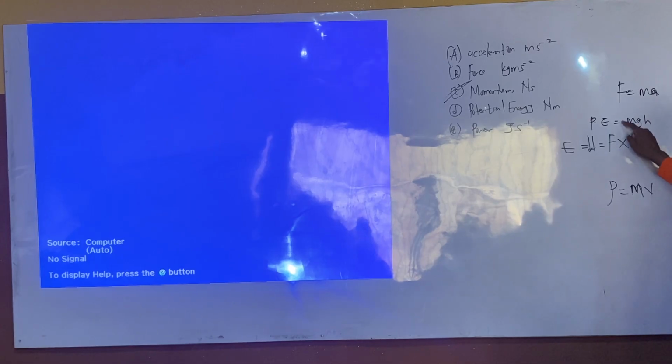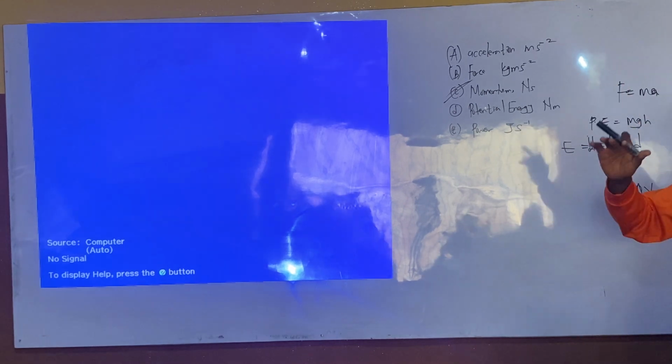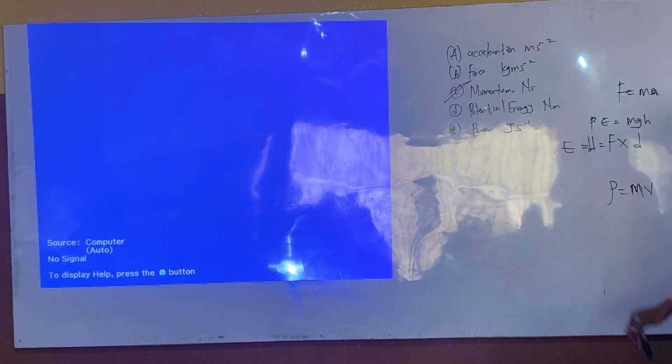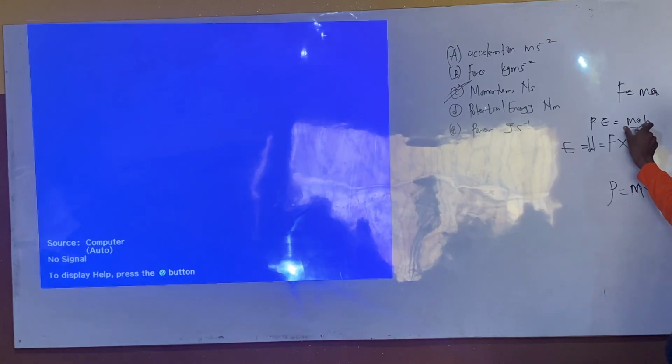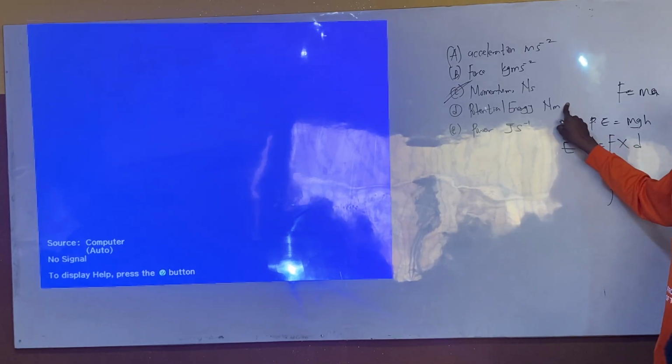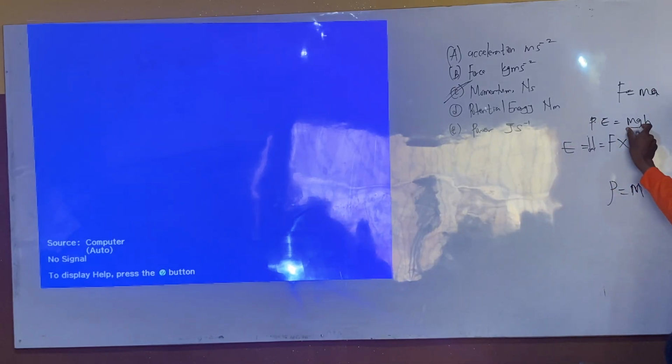That's the weight I defined for you yesterday, mg, force. The unit of g is meter per second square, the unit of a is meter per second square, and the unit of height is meter. So this is also Newton meter, which is very correct. That's Newton times meter. Am I too fast?